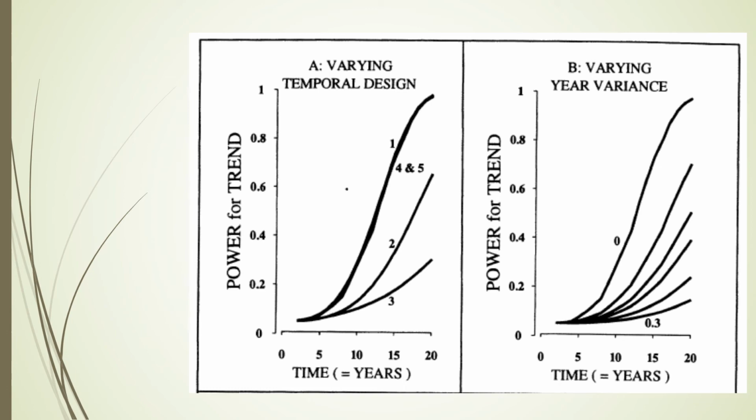And you can see that as the year-to-year variance increases, our power to detect a trend really drops off until you see at those very high levels of year-to-year variation, you know, it's going to take you 100 years to detect a significant trend. So temporal variation is our nemesis. It really can make it difficult to detect trends in populations.